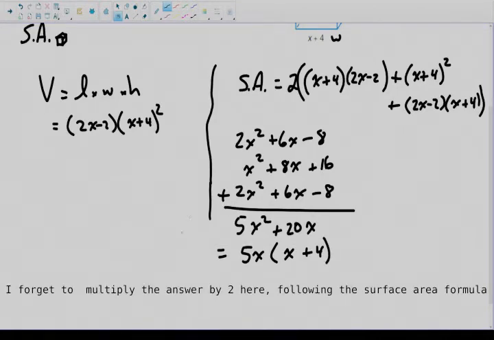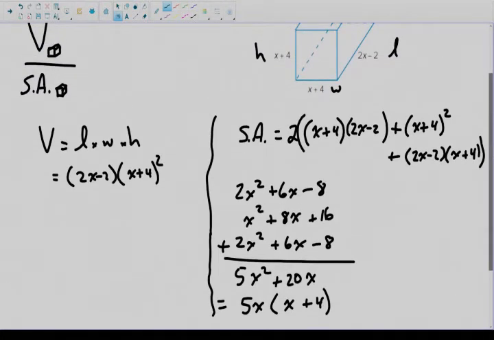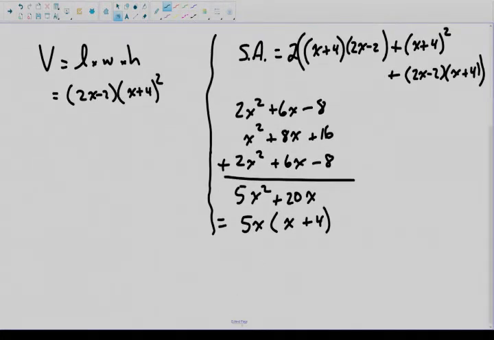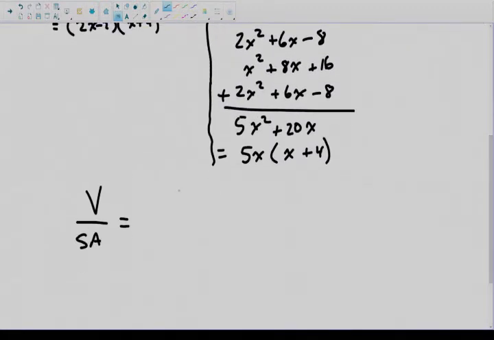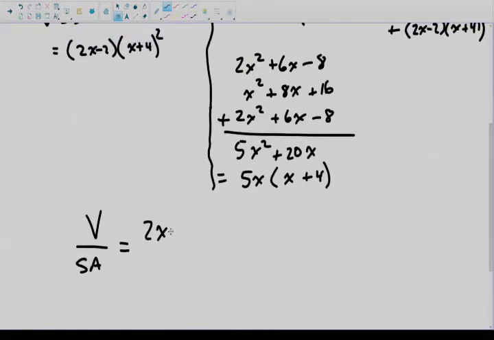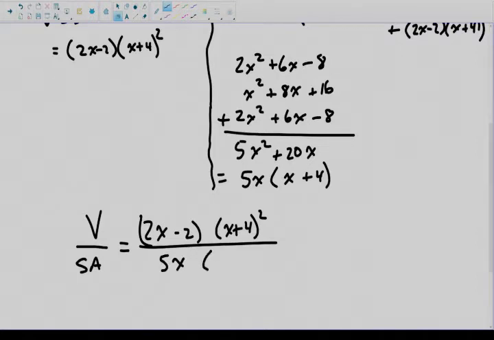So now I'm going to go and do the ratio. Again, we're doing the ratio of the volume divided by the surface area. So volume divided by surface area is equal to 2x minus 2 times x plus 4 squared, all divided by 5x times x plus 4.